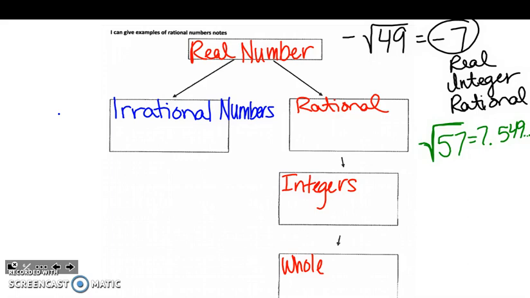So since it didn't come out to be a perfect number, it's going to be real, because all numbers are real, and it's going to be irrational. And that's it. Okay, and you're going to have to be able to give me some examples of irrational numbers. And you might just have to play around with that square root button on your calculator until you find one. Okay, but remember there's a lot more irrational square roots than rational.